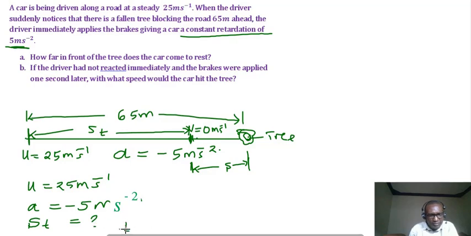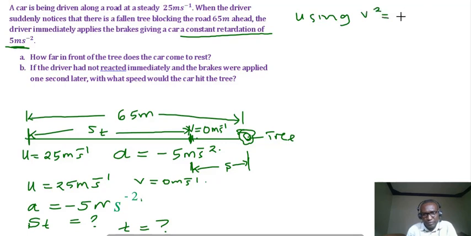We do not have the time taken for this car to come to rest. We have the final velocity when it comes to rest; v is going to be 0 meters per second. So which equation should we use? We need to find this st first, using v squared equal to u squared plus 2as.